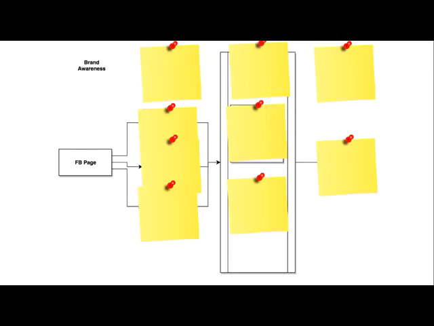So we define a fan or a follower as somebody that has expressed a very mild interest. They like your topic or they're following you, but they have not yet expressed interest in potentially becoming a customer. That's what we call a lead. A lead would be someone who has expressed an interest and very much knows about your products.